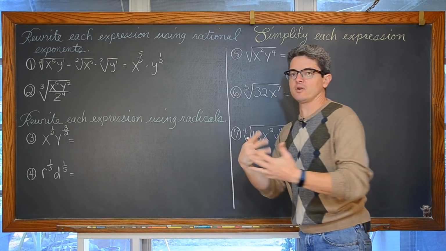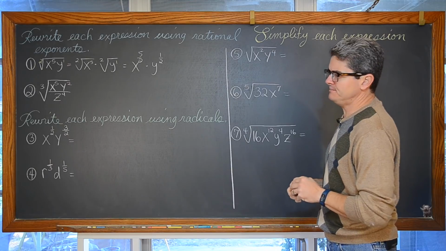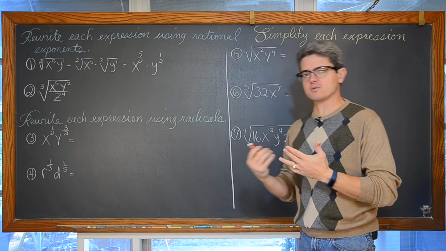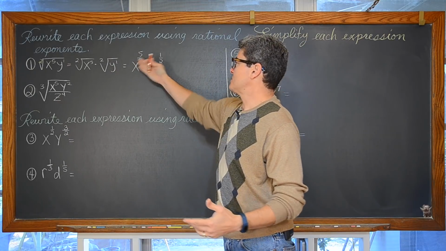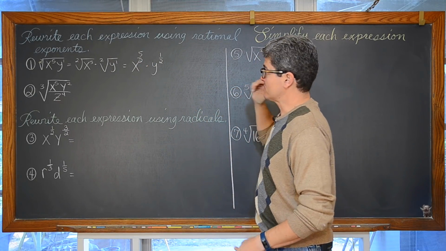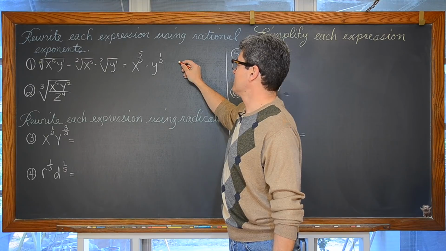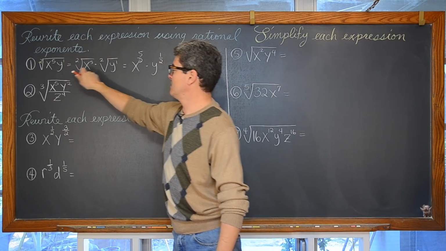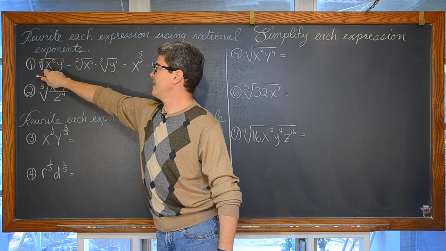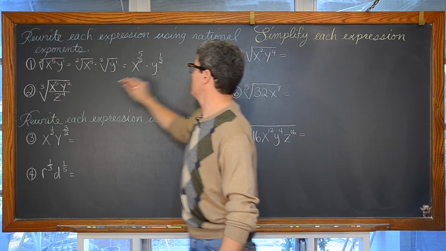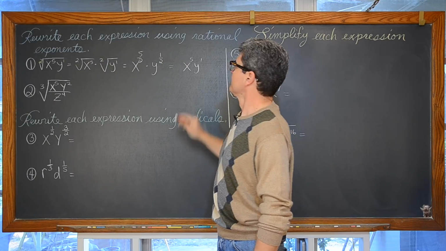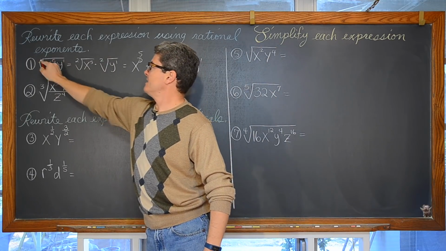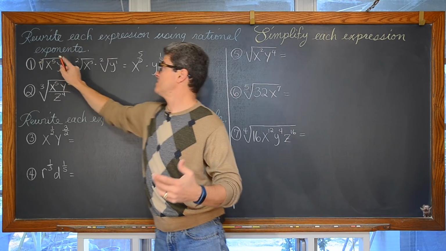Now I can continue to fiddle with this and put it into other forms, like if this is our multiple choice test. I think you would see this as one of your multiple choice answers, but we could write this as, instead of going into individual factors, say we have x to the fifth, y to the first, and then all of that has the square root being applied to it.